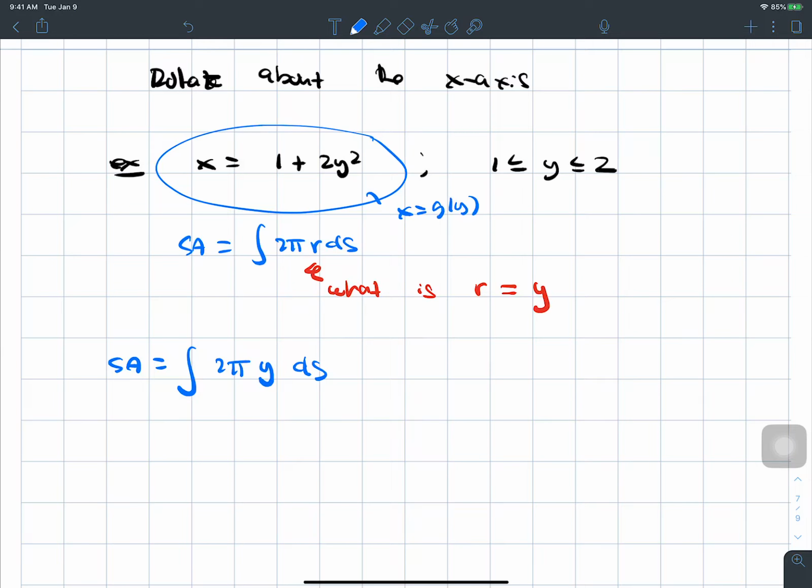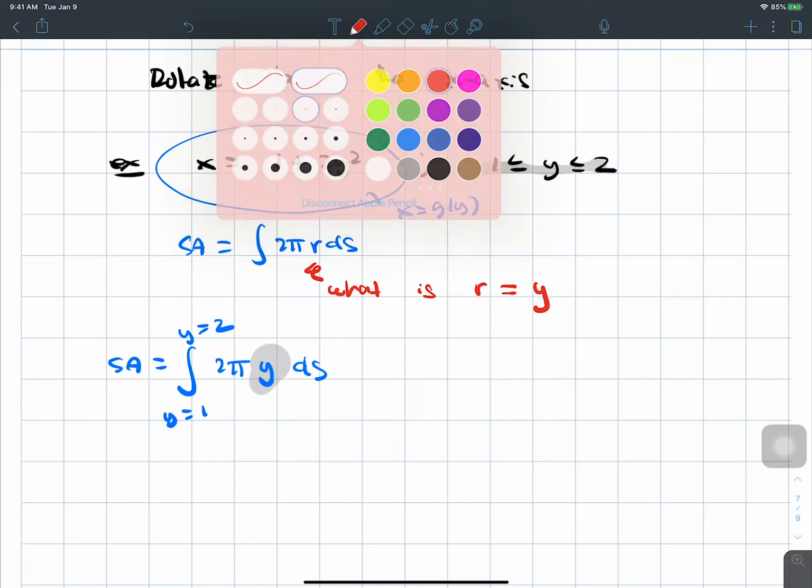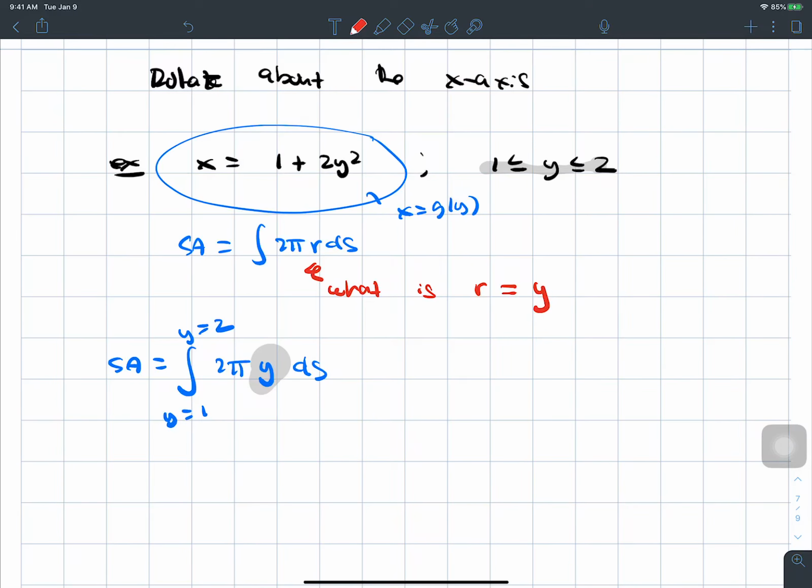And I'm not going to solve this. Don't solve this for y. Just keep your radius here as a y value. Okay? That's fine. And notice my limits are from y is 1 to 2. So I'm already set here where you have y equals 1 to y is 2. I just have to use the ds that ends with dy.